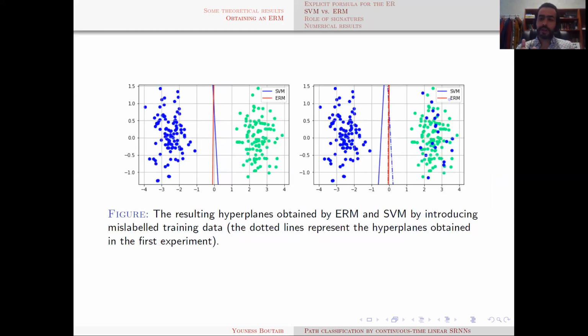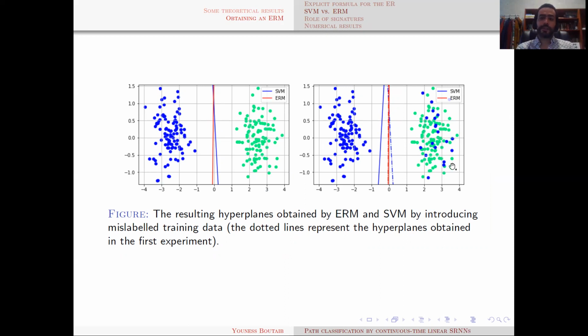And here we will illustrate the difference between the two algorithms with a very simple example. Let's say we have green clouds and blue clouds and we want to separate them. In the first scenario on the left, the green cloud and blue cloud are generated with the same distribution, have the same number of points, so you get similar solutions with the ERM and the SVM.